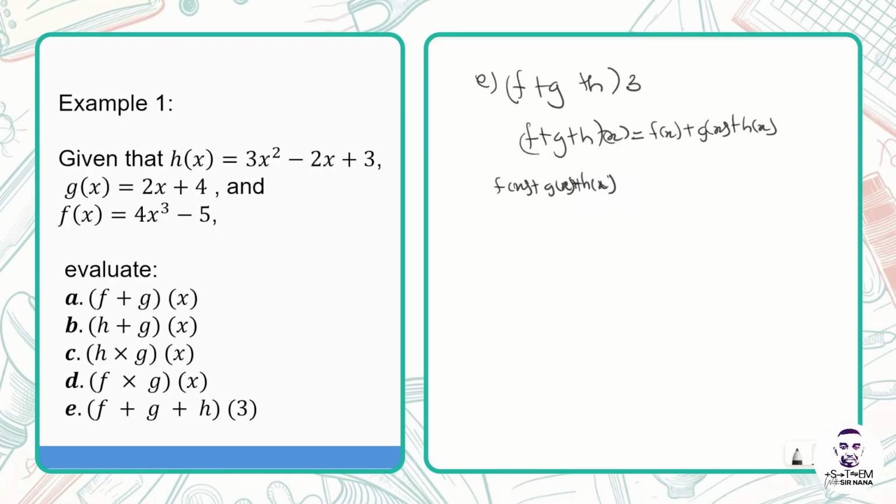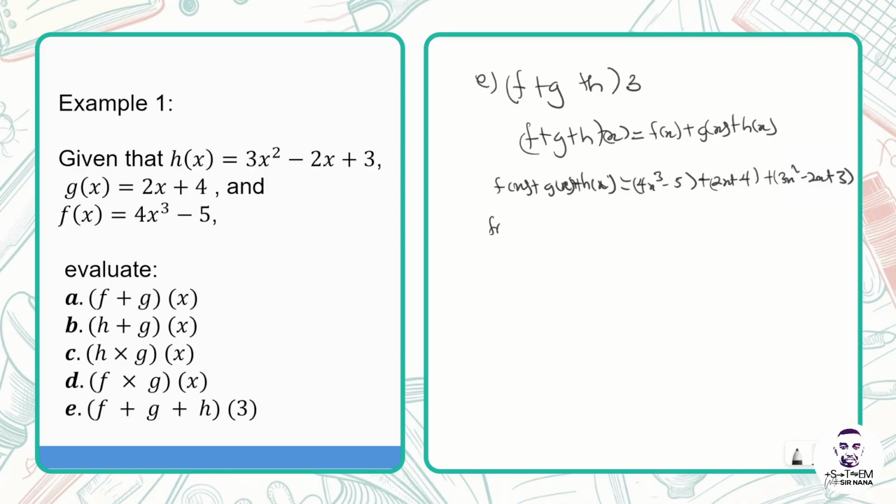So now let's find f of x plus g of x plus h of x. So our f of x is 4x cubed minus 5. So we write that out, 4x cubed minus 5, right? And then we have plus g of x, where g of x is 2x plus 4. So we have 2x plus 4. And then we also have our h of x, where our h of x is basically 3x squared minus 2x plus 3. So we have 3x squared minus 2x plus 3.